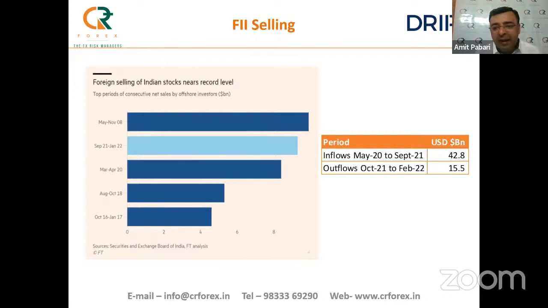May 2020 to September 2021, one of the golden period for Indian equity market. सब जगह पैसा ही पैसा था, कुछ भी कोई भी स्क्रिप्ट बाय करो हर दिन ऊपर. Why? Because FII were putting money, DII were putting money. $45 billion जो गोल्डन टाइम था वहां पे $45 बिलियन आए.